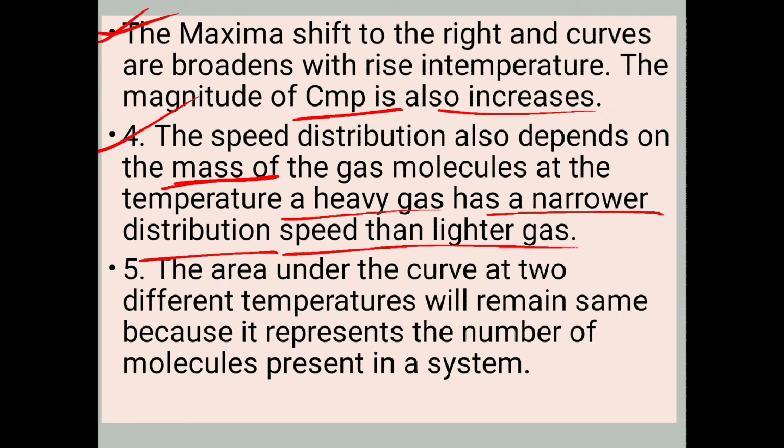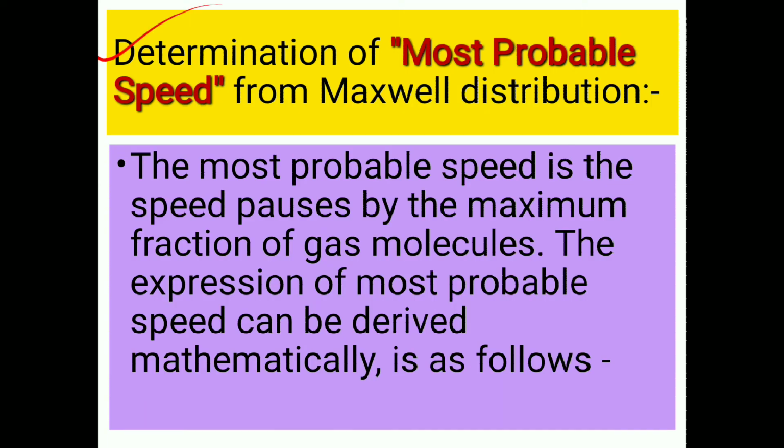That means gases with greater mass have a narrower speed distribution than gases with lighter mass. Next, the area under the curve at two different temperatures remains the same because it represents the number of molecules present in the system.